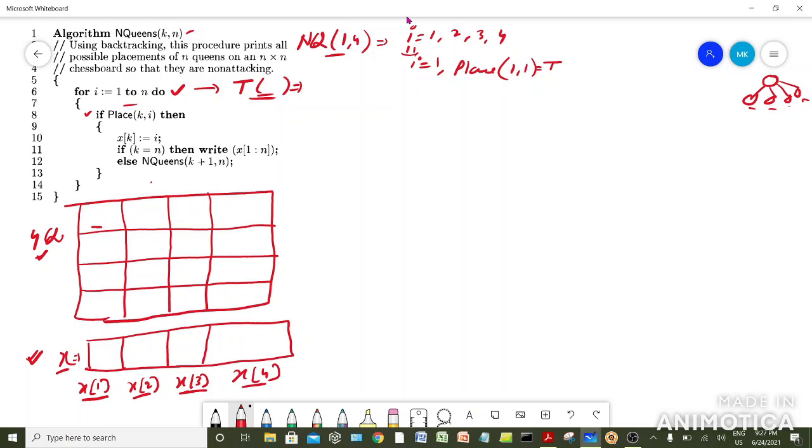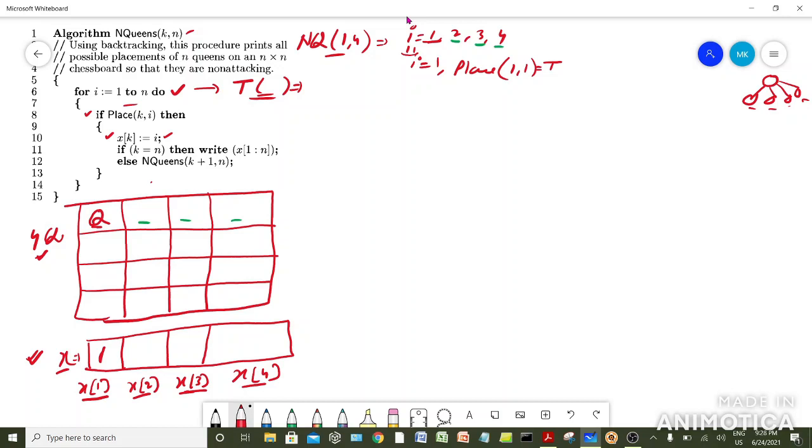So it returned true, so we placed our queen here and we set x of 1 equal to i, that is x of 1 is equal to 1. So we exhausted this call, and these three, means i equal to 2, 3 and 4, are just pushed onto the stack. These three are yet to be executed.